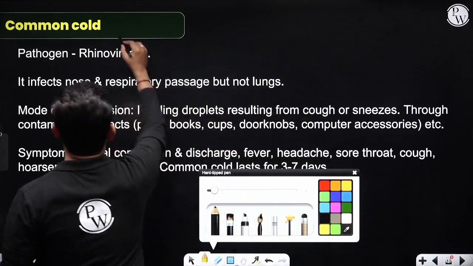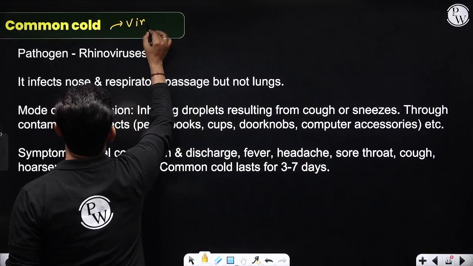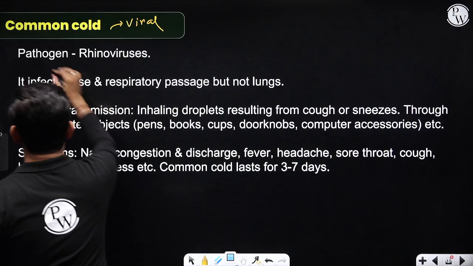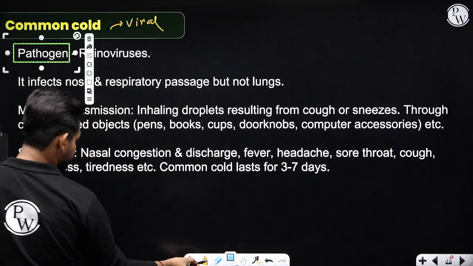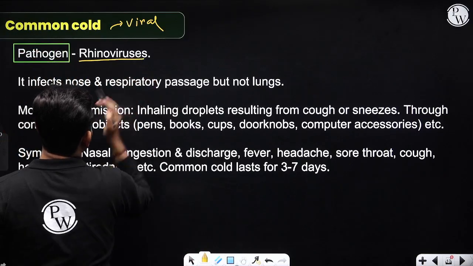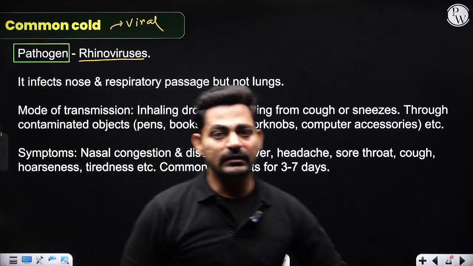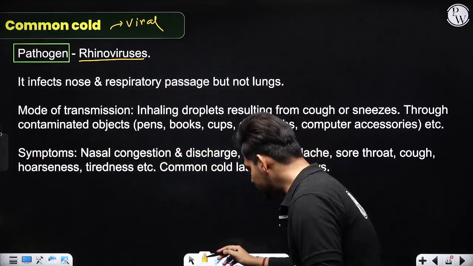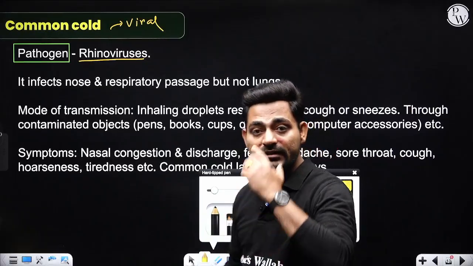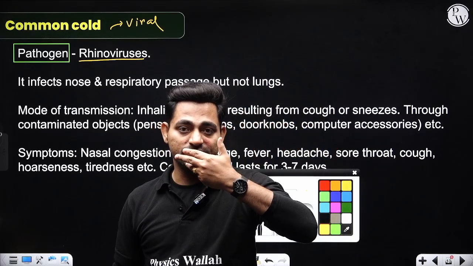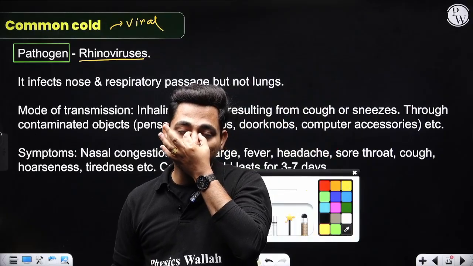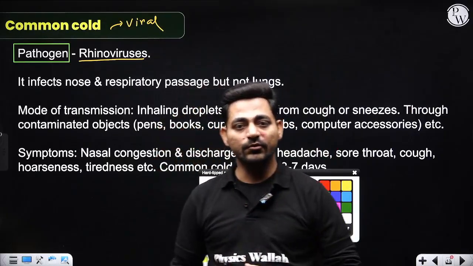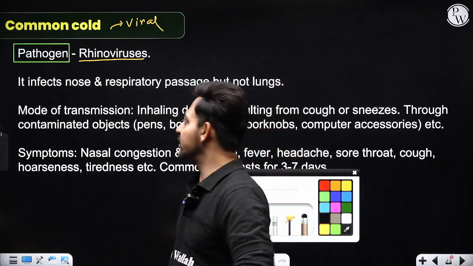Common cold is a viral disease. The pathogen is a virus called rhinovirus, and because it's a rhinovirus infection, it will infect our upper respiratory passage, basically the epithelial tissue of the nose and our throat region.